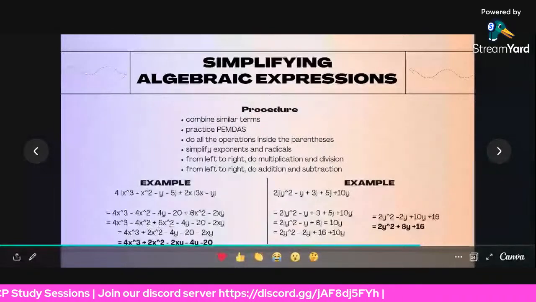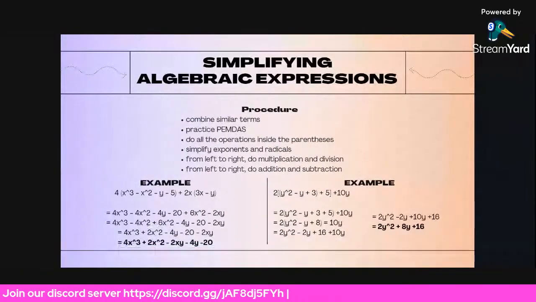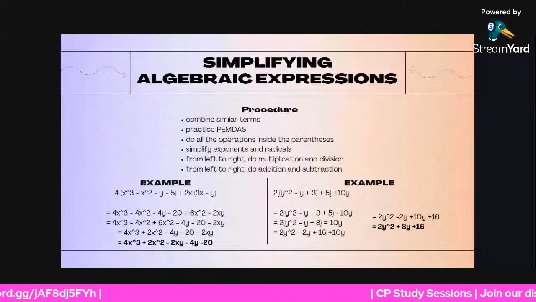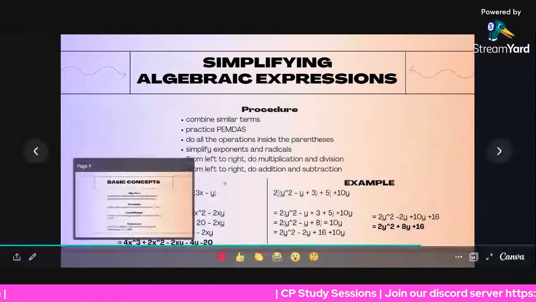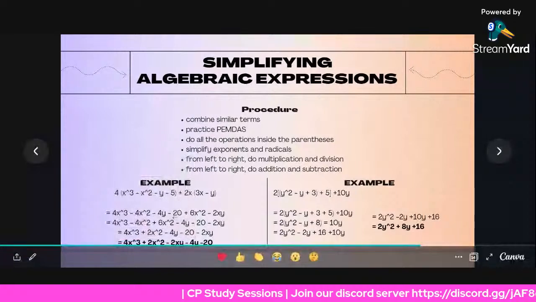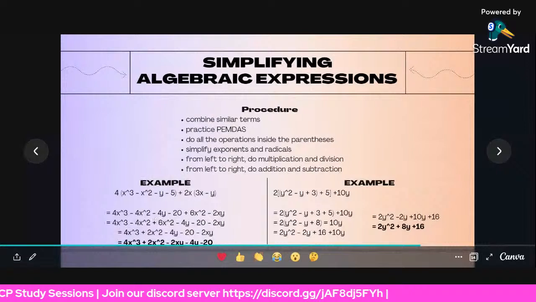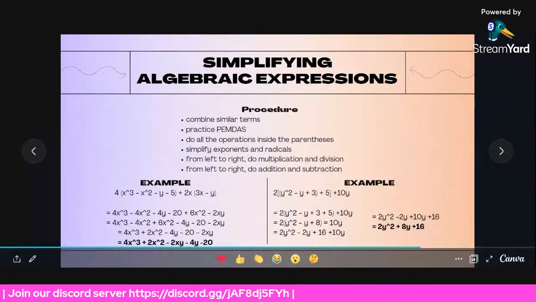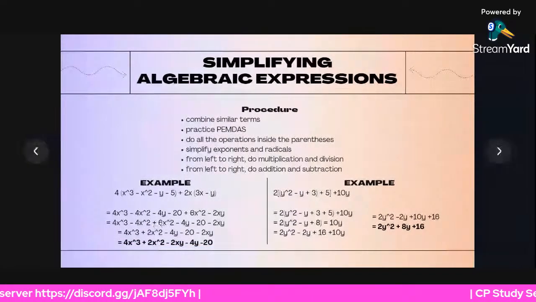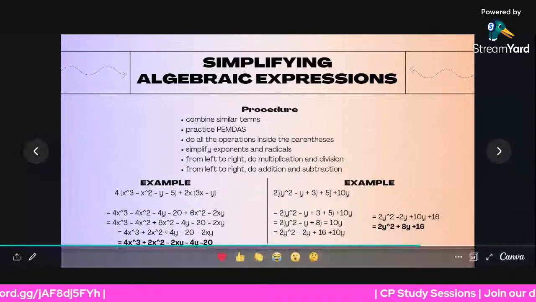And katulad ng sabi ko kanina, kapag similar terms, pwede nyo siyang ipag-combine. Kaya, yung 6x squared nawala na kasi sinubtract na natin sa negative 4x squared. So, ang kinalabasan nung dalawa pagkatapos nating i-combine is yung 2x squared. Malinaw na ba?